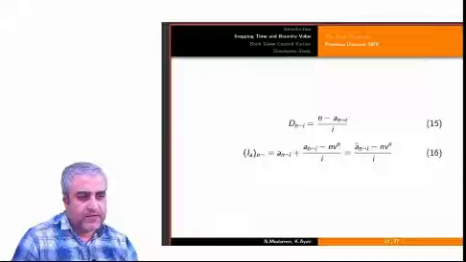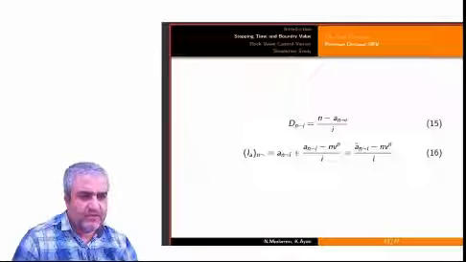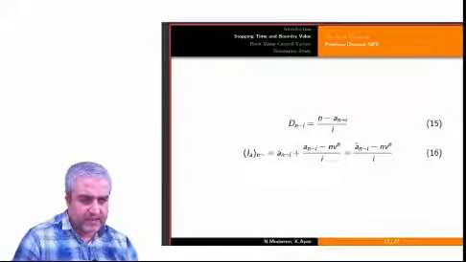Numbers 15 and 16 are the simple formulas for calculating these downtrend payoffs with bond.